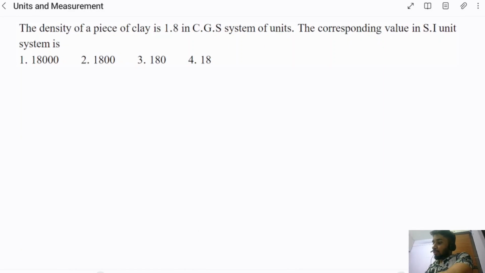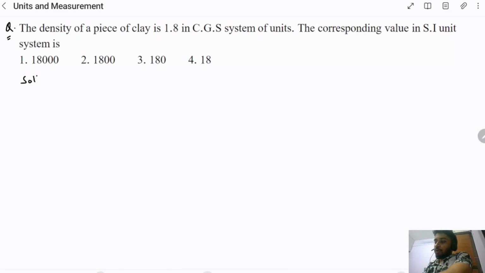Let us have a look at this question. The question is, the density of a piece of clay is 1.8 in CGS system of units. The corresponding value in SI unit system is. So we need to convert density from CGS unit to SI units.